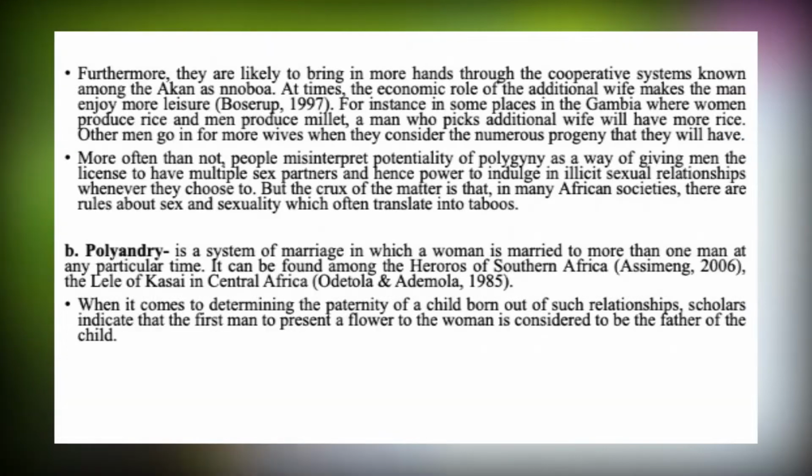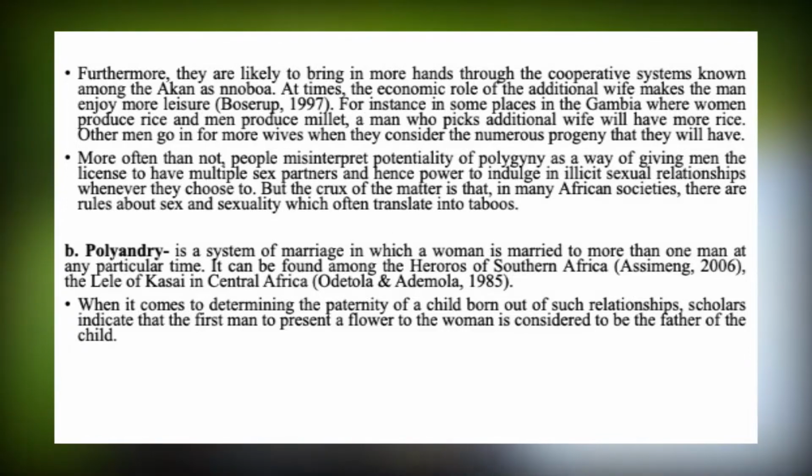The second one is polyandry. Polyandry is also another type of polygamous marriage, but here it is where a woman marries more than one husband.